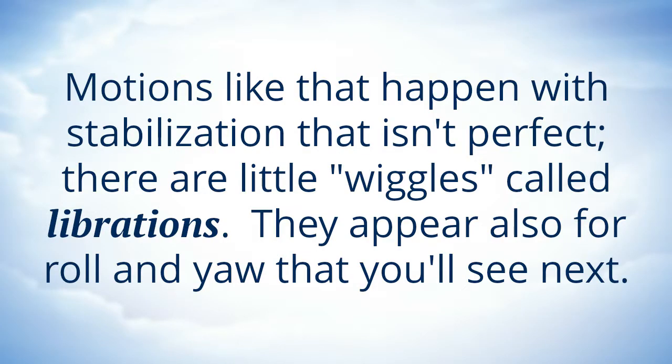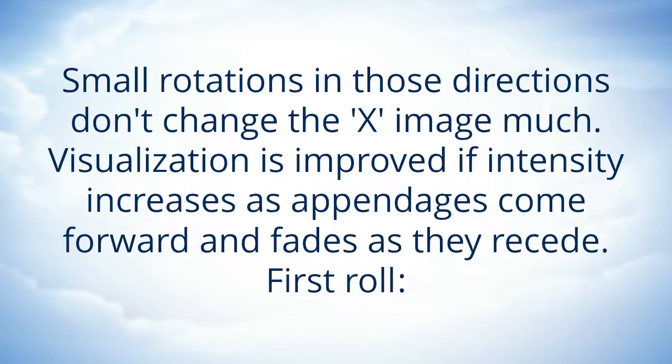Motions like that happen with stabilization that isn't perfect. There are little wiggles called librations. They appear also for roll and yaw, which you'll see very soon next. Small rotations in those directions don't change the X image much.